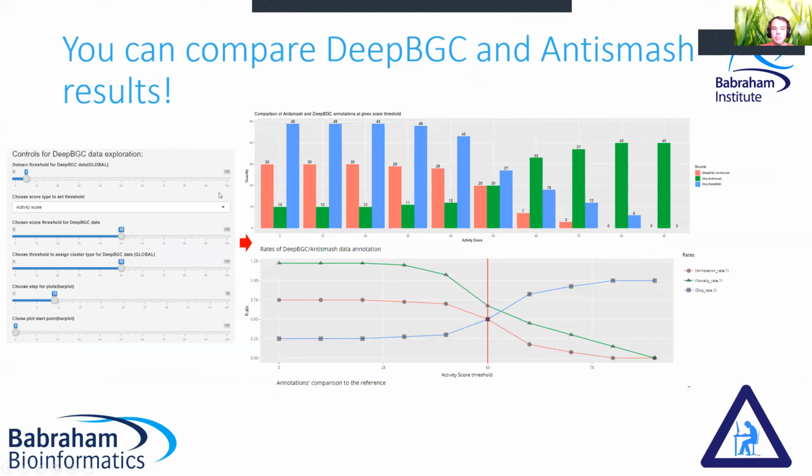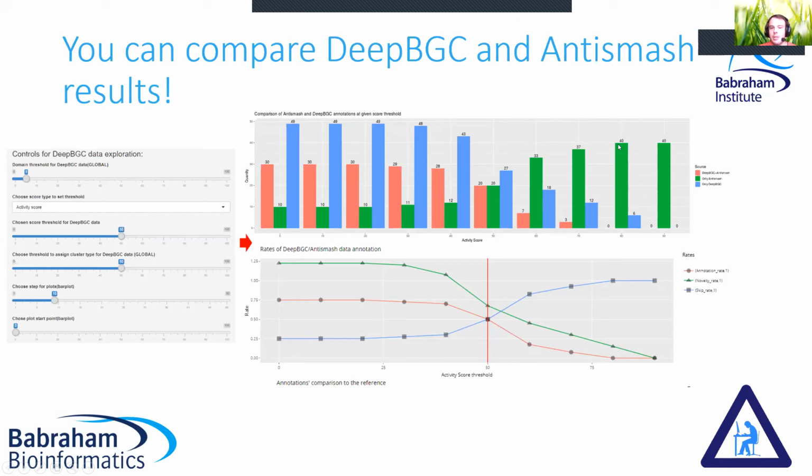The main task is to compare the DBGC data to the anti-smash one. And this is done by different approaches. The first one is to compare how many clusters are annotated with the state-of-the-art approach, anti-smash, and how many of them are actually captured by DBGC. So here we're plotting an intersection of those annotations.